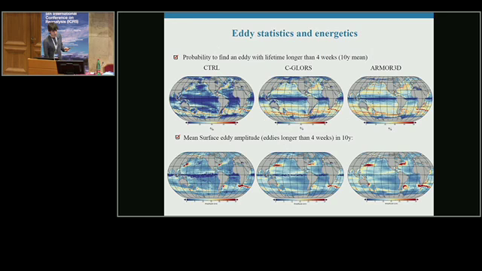And these are the first results. So now we are looking at the surface. The first row is the probability of occurrence for the eddies, and you clearly see the difference here. So in the control run, you miss all the signal that is at mid-latitude, for example, and you only see patterns at ACC and western boundary currents.